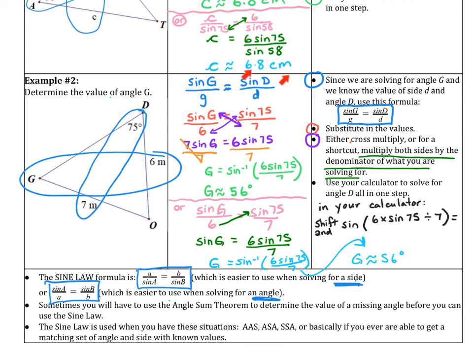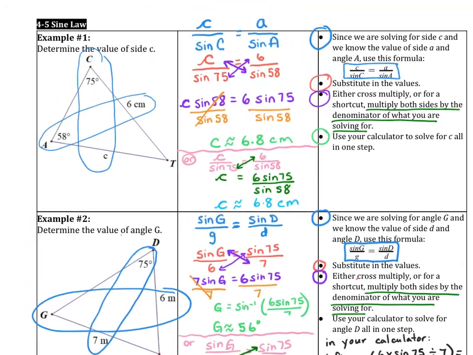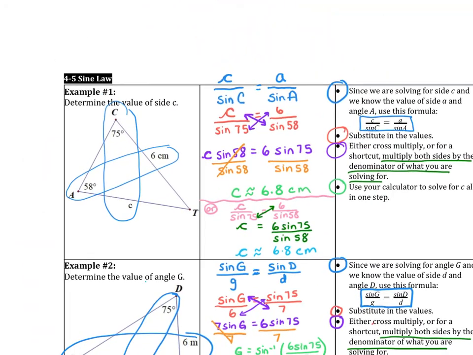Or let's say if you had this question, you might get this question where you don't have 58, so don't copy this down, but you know that this angle is 47.